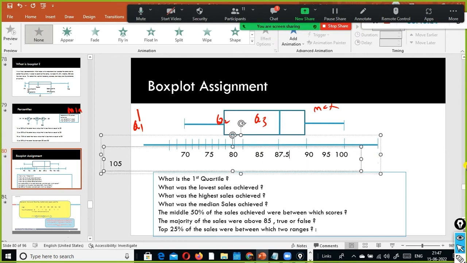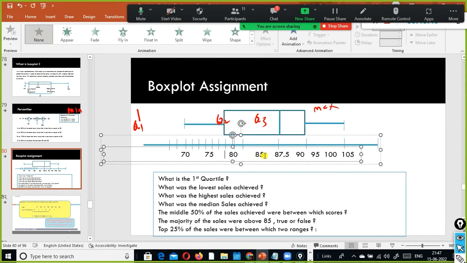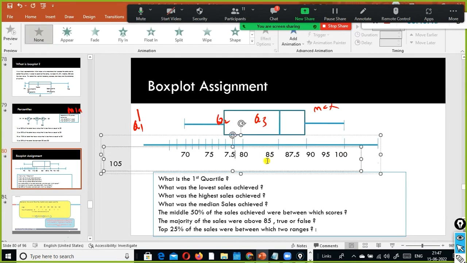Now this value and this chart match correctly. This is your maximum value. One second, the maximum value is also not displaying correctly. 105 is your maximum value, and 70 is your minimum value. 77.5, I just typed it here in the interest of you people to understand it clearly.